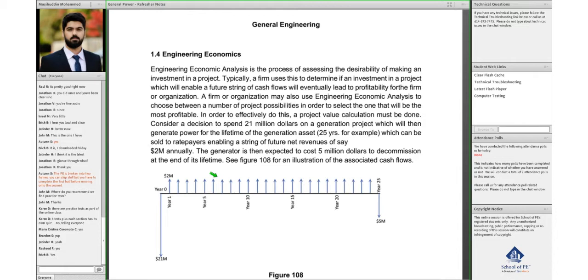So before choosing or rejecting a project, some sort of analysis has to be done to determine whether a particular project is going to be profitable or not. There are some tools and methods that help us do that.